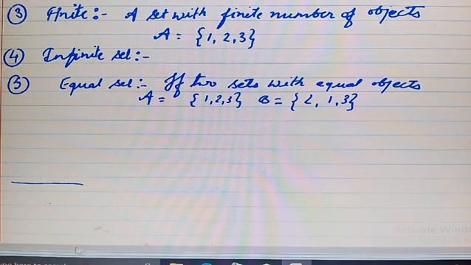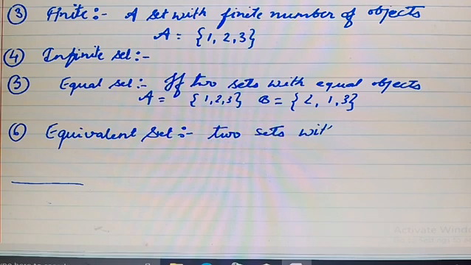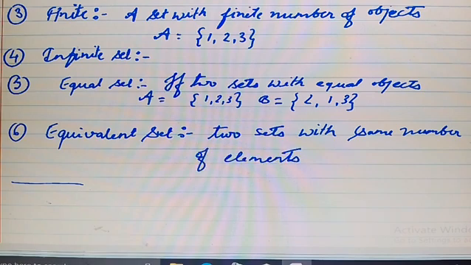Now the next one is equivalent set. Two sets with the same number of elements.